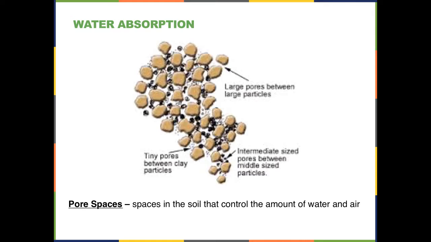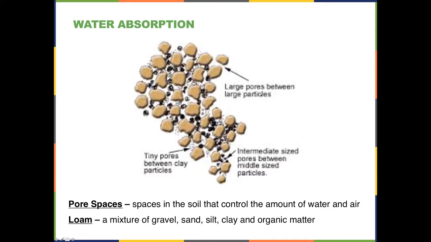So clay, for example, has very small pore spaces, and therefore, for the amount of dirt that's there, there's very little water and very little air. Intermediate size pore spaces lead to intermediate amounts of water, and larger pore spaces lead to larger amounts of air and water.